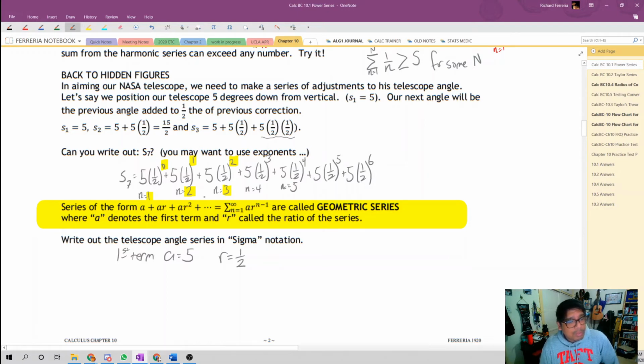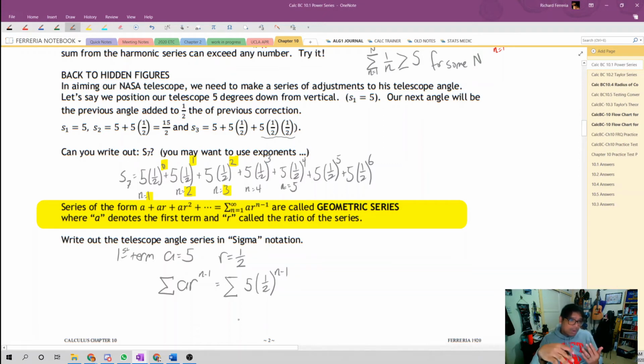So since we recognize this as a geometric series, we can say that the series is going to be equal to the summation of a r to the n minus 1, which, substituting those numbers, we get 5 multiplied by 1/2 to the n minus 1 power.